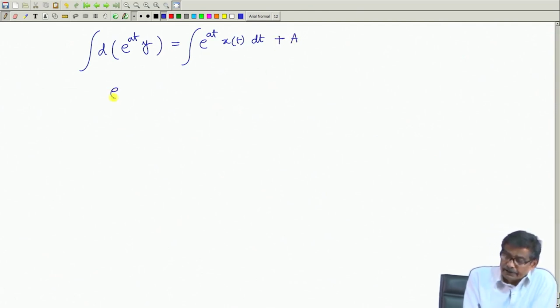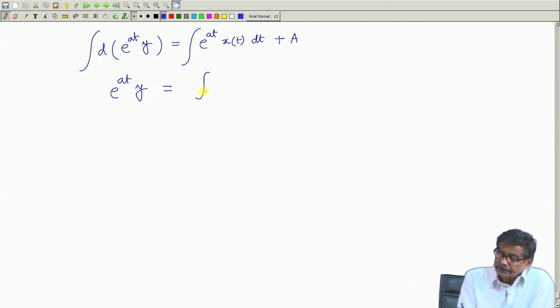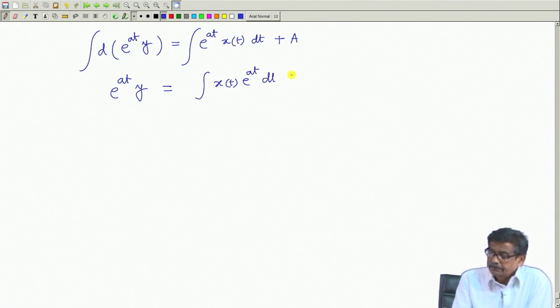Then the left hand side will be e to the power a t into y is equal to this integration, which can also be written like this, x t e to the power a t dt plus A. I am not putting any limits, that is why this integrating constant A has surfaced.